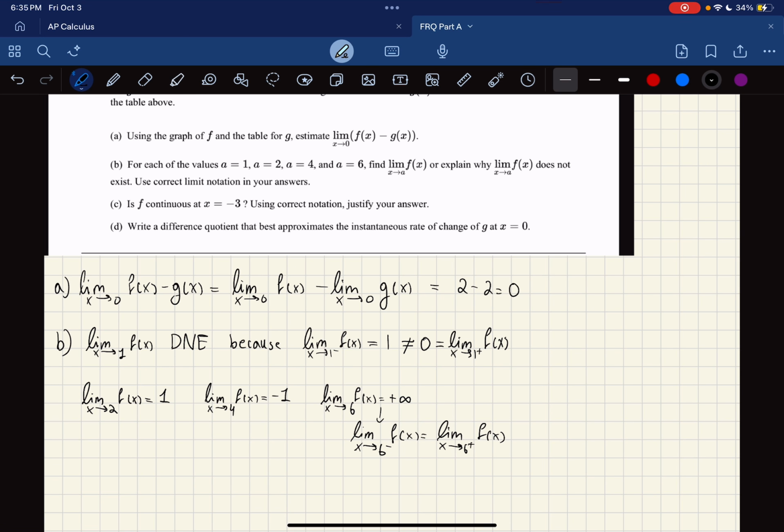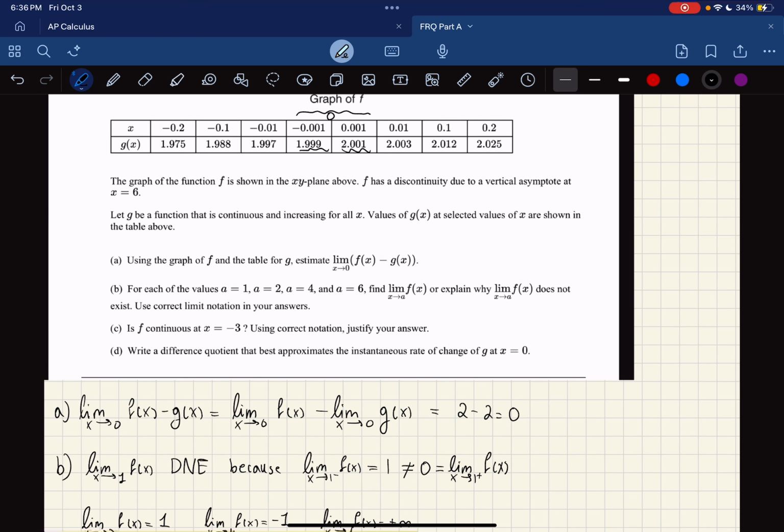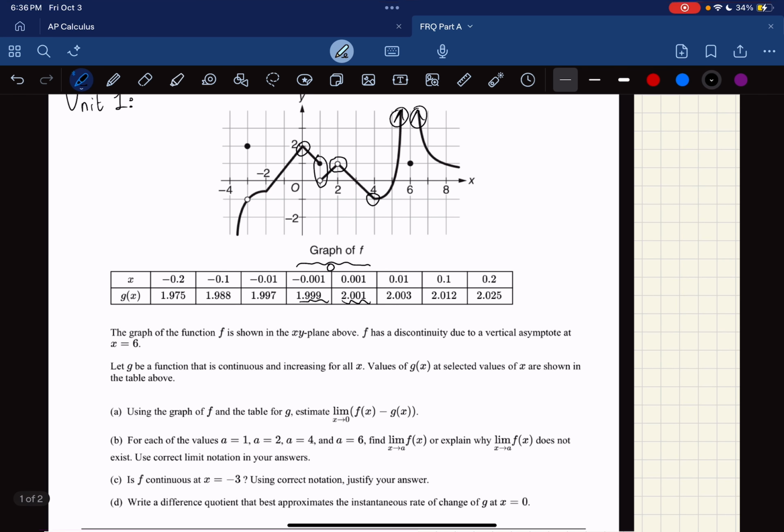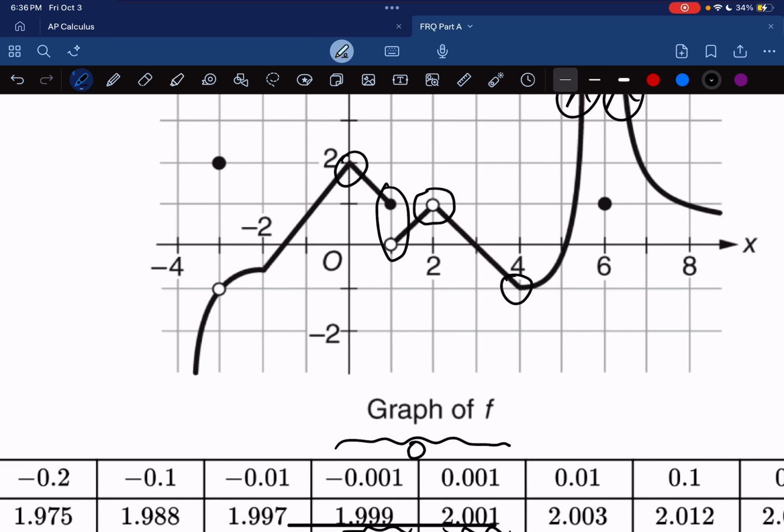Now, part C. Is there anything that we missed? No, that's it. Part C. Is f continuous at x equals -3? So using correct notation, of course, justify your answer. Now, if I look at -3 over here, -3 is right over here.